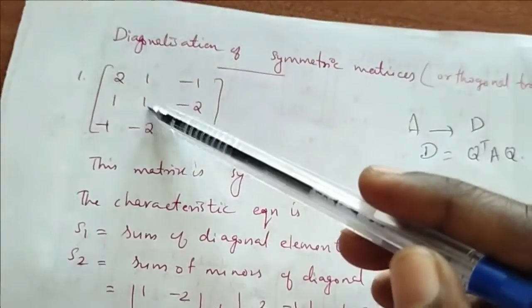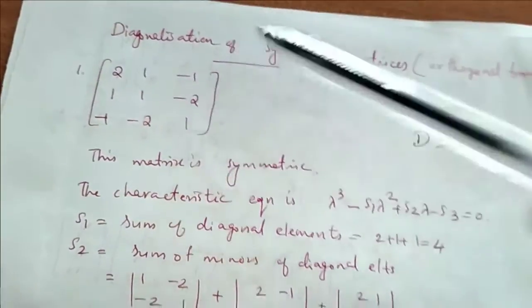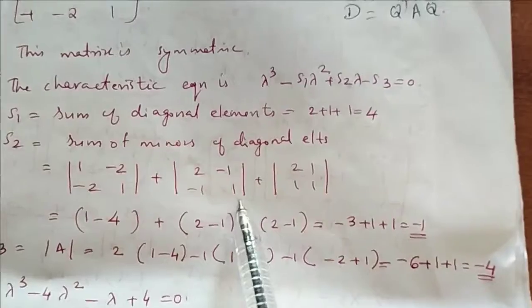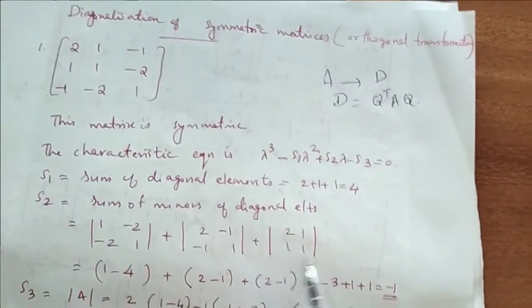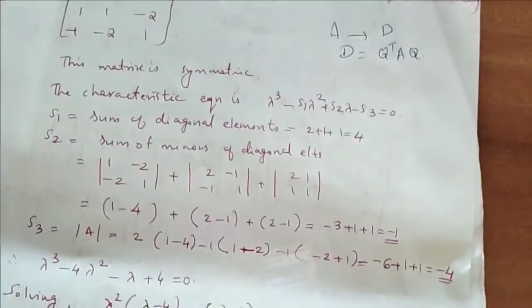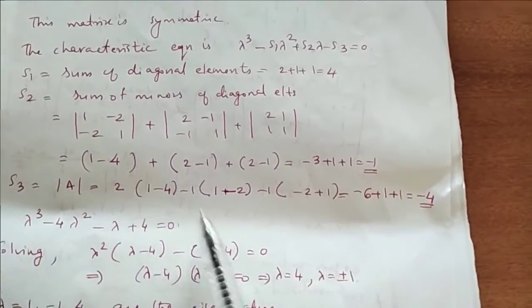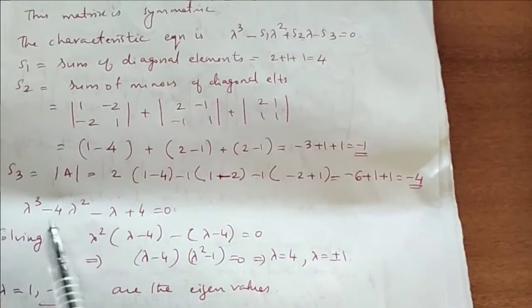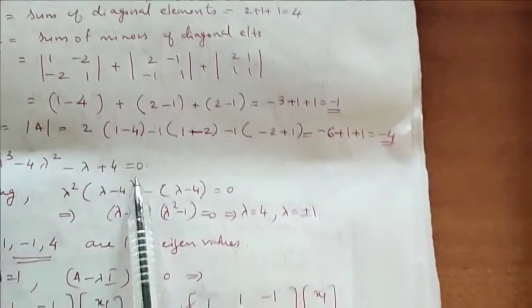Then for the next diagonal 1, 2, minus 1, minus 1, 1. Then for the next, 2, 1, 1, 1. Evaluating, we get minus 1. Then s3 is the determinant of A, that is minus 4. So the characteristic equation is lambda cube minus 4 lambda square minus lambda plus 4 is equal to 0.